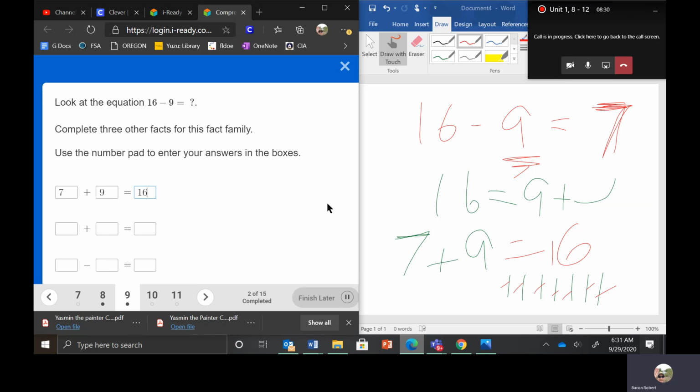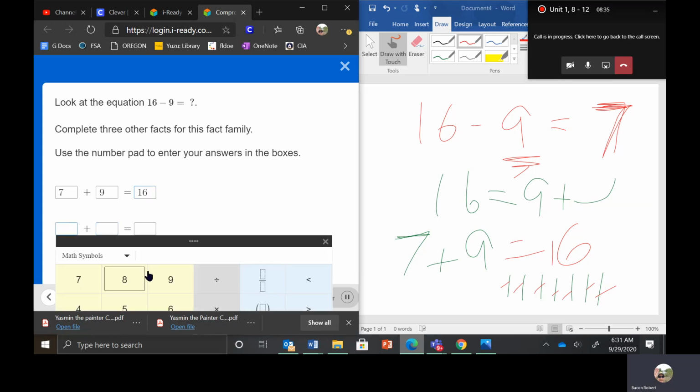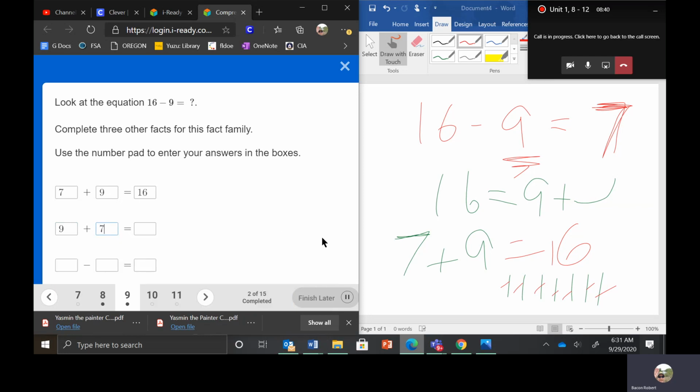All right. Now, what goes down here? Well, we're just going to move the numbers, because putting them in a different spot and still adding them up doesn't change anything. 7 plus 9 is the same as 9 plus 7. Think of it as candy bars. If I had 7 candy bars and I give you 9, now you have 16. If you had 9 and I gave you 7 more, you still have 16.